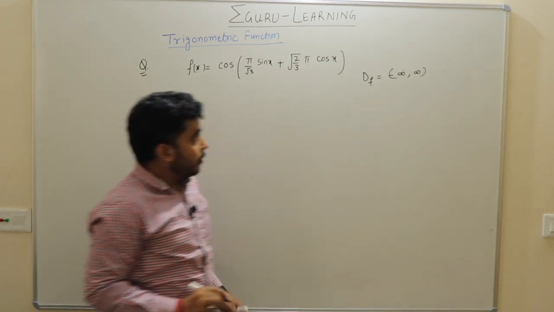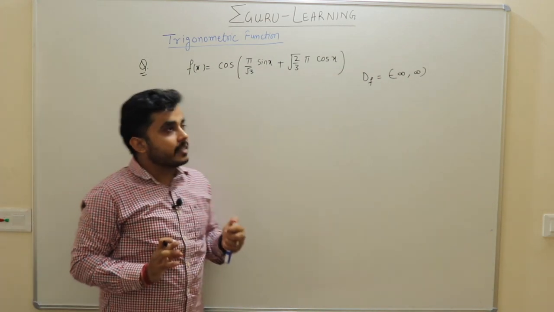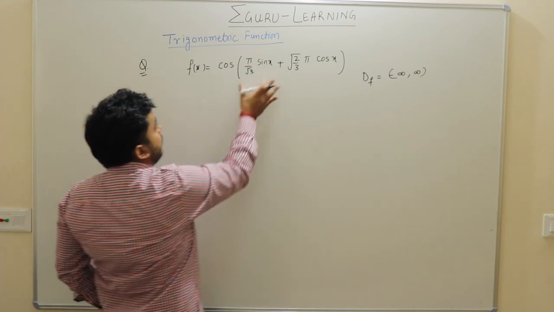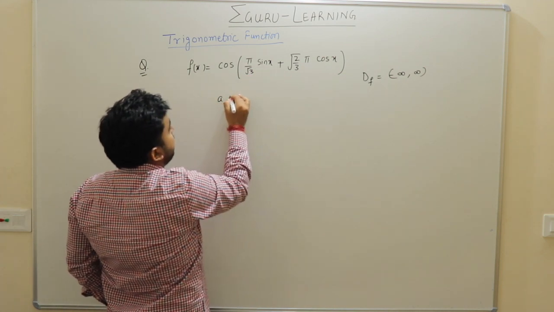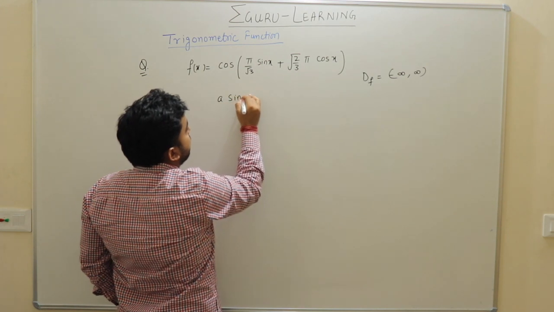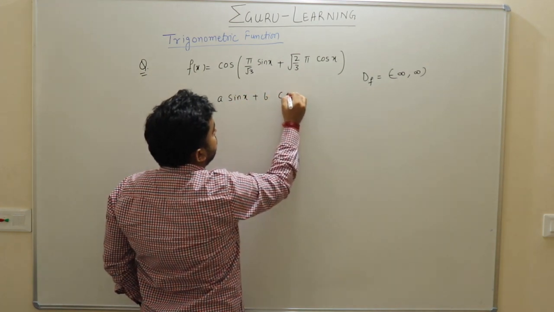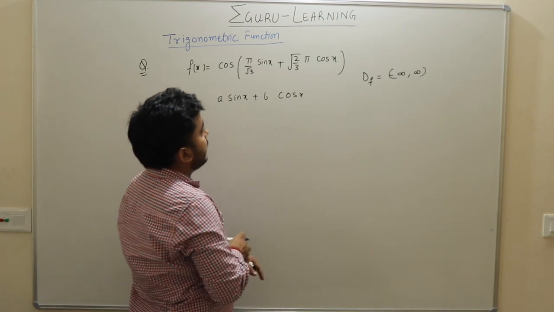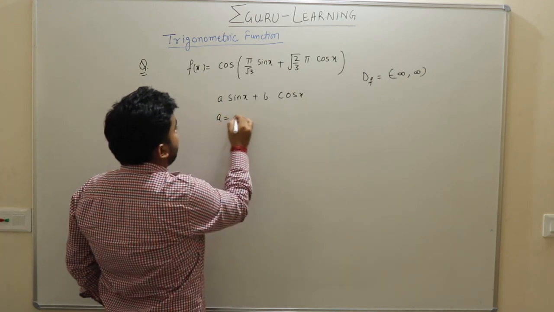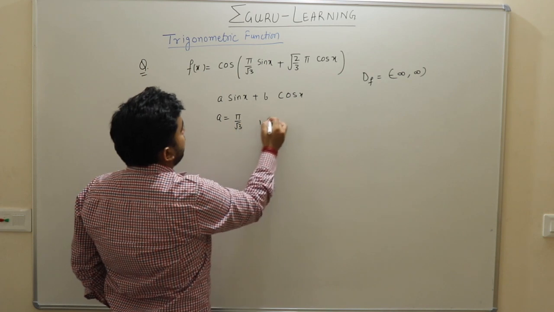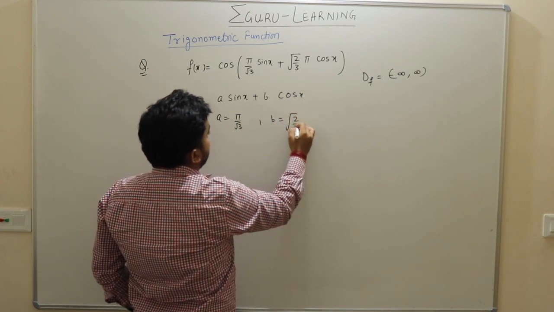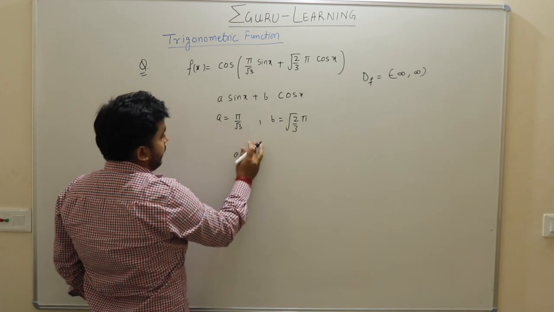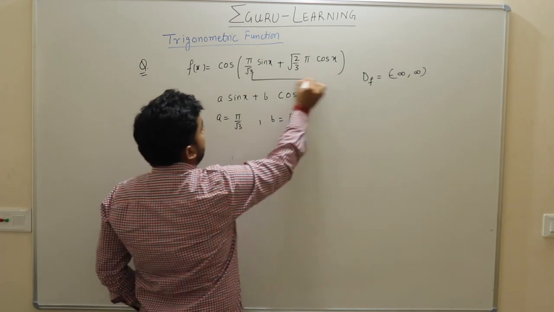Now the important part here is to find out the range of the function. This is of the format a sin x plus b cos x, where a and b are given. So let us first find the range of the inner function, with a as pi by root 3 and b as root under 2 by 3 pi. Let's assume this value as t.